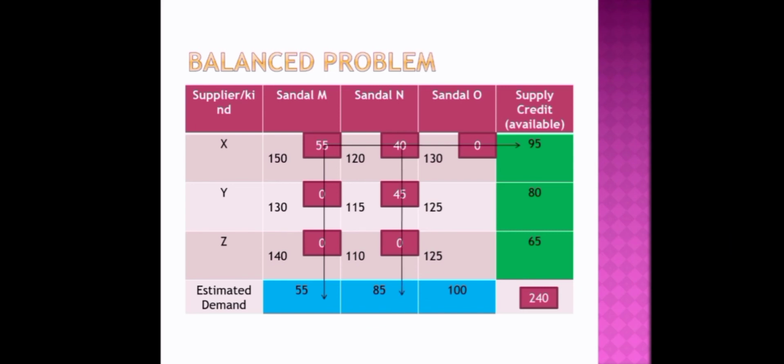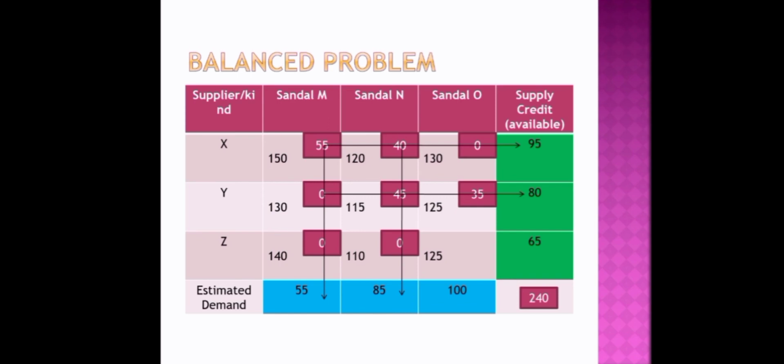To completely meet the supply credit, we need to subtract the allocated quantity, which is 45, from the supply credit. So 80 minus 45 is equal to 35. We will put 35. And since 45 plus 35 is equal to 80, we will put a line after.